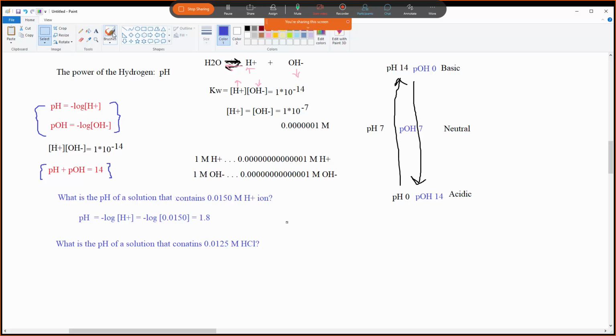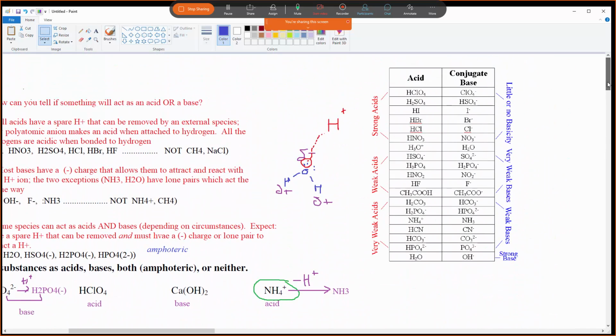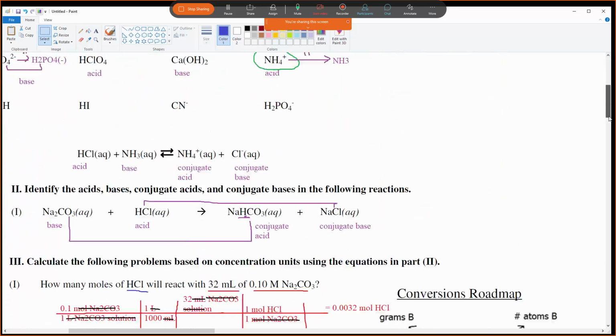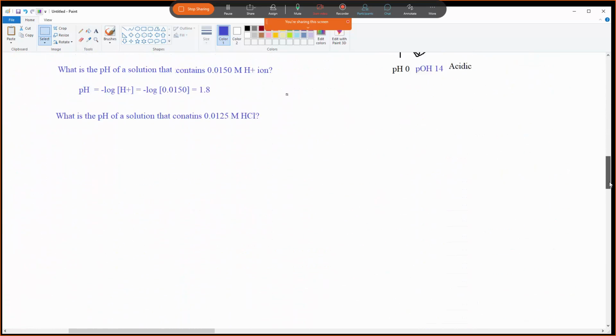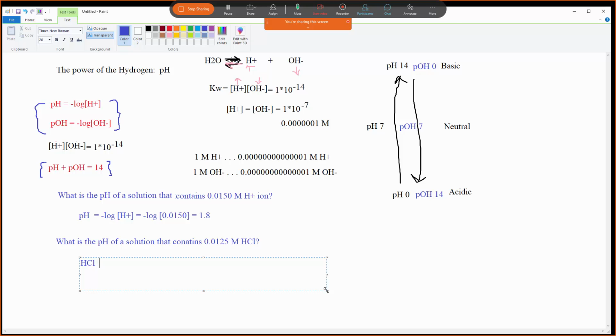So this is the part where, having memorized the strong acids, that's going to be helpful. Remember, the strong acids are ones which dissociate completely. HCl is one of them. So we can presume that my HCl dissociates completely. What I really have in solution is H plus and Cl minus ions in solution.